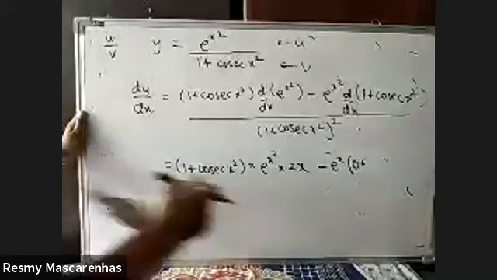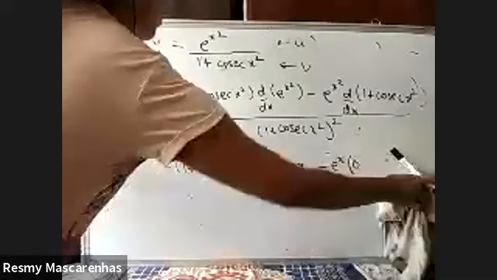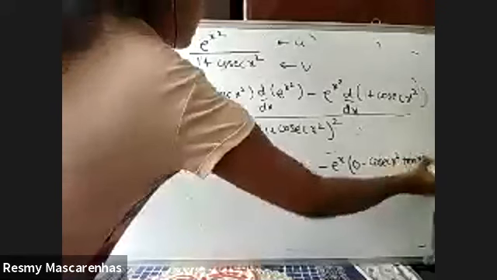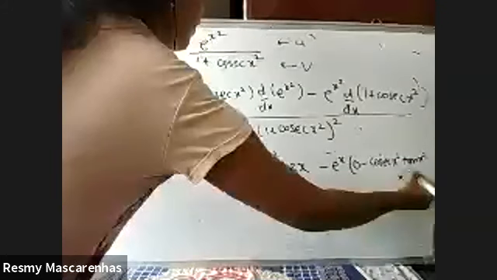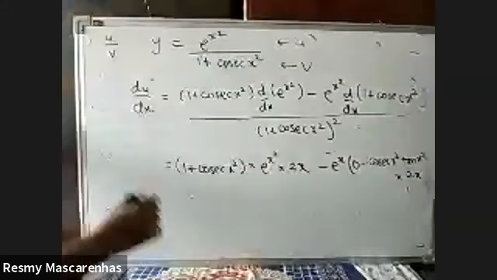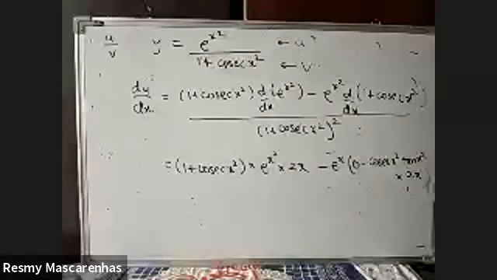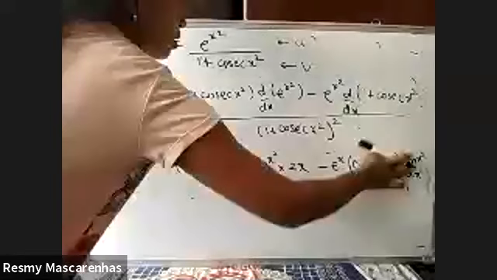Okay. And the derivative of cosec x, if you see in the table, is minus cosec x cot x into extra derivative of x square, which will be 2x. The derivative of cosec x is minus cosec x cot x, into 2x.